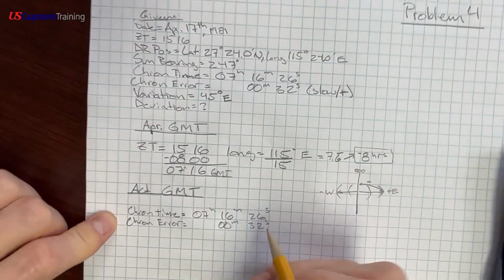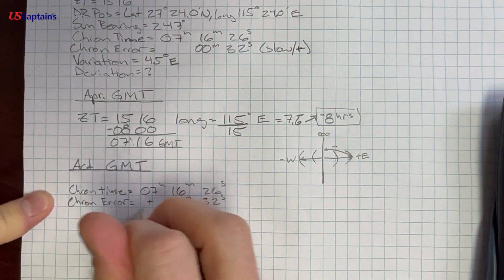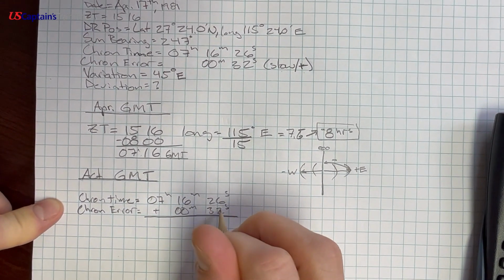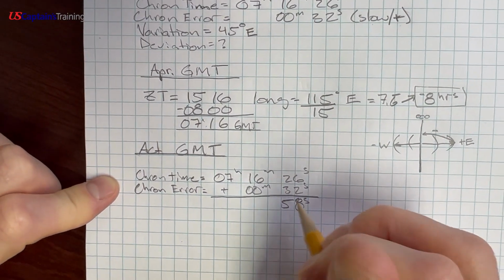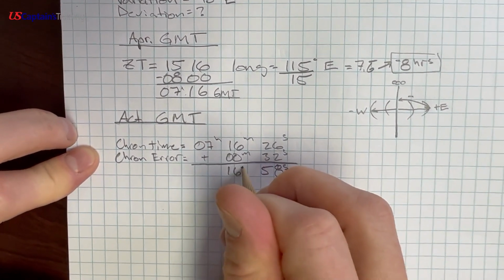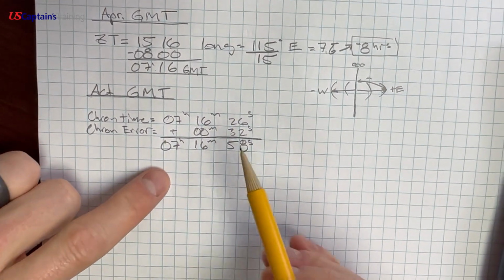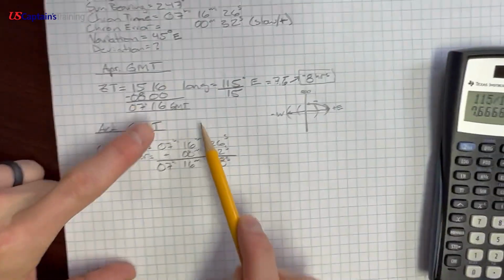Do we add or subtract those? Well, this is slow, so we add it. So 26 plus 32 is 58. 7 hours, 16 minutes, 58. So that's pretty close. 7:16 we calculated.